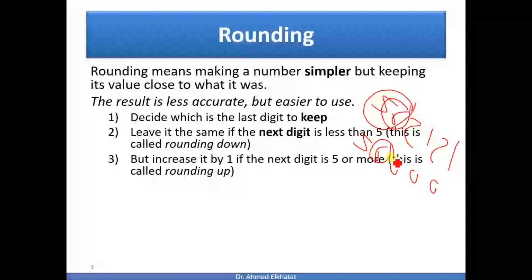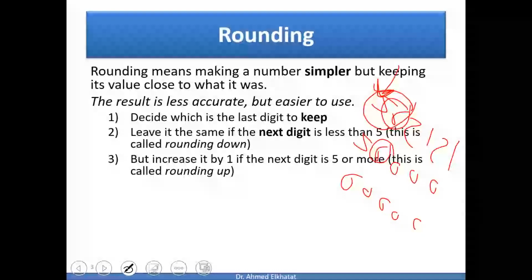But if the next digit is 5 or larger, then it's called rounding up, and you will add one to the digit you keep. So for example, you want to round to the 5, so the 6 here is larger than 5, so it will be 60000.